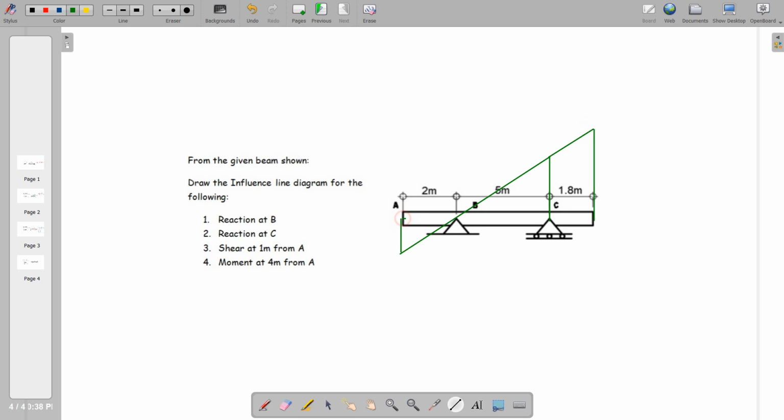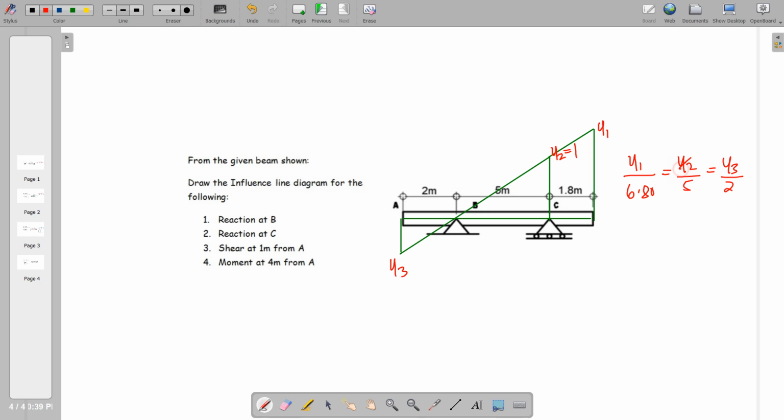Okay, so we label the coordinates. So this is y1, this is y2 set to be equal to 1, and then this is y3. So again, we proportion it. y1 is to 6.8 as y2 is to 5 is to y3 is to 2.